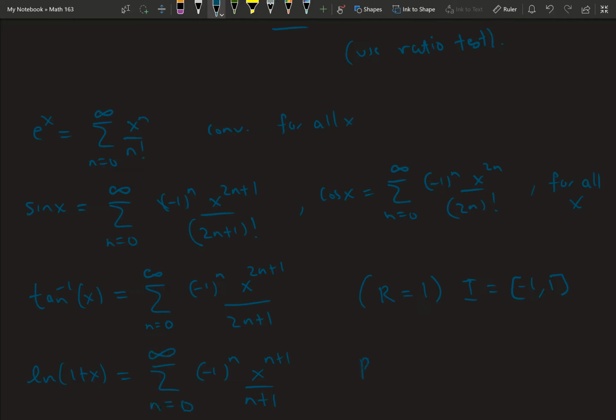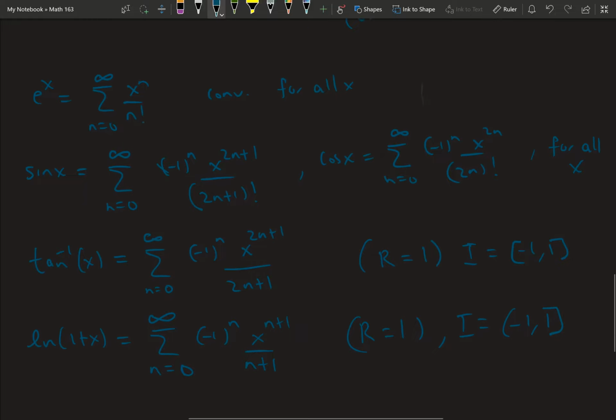And here also r was 1, where for the actual interval, if you plug in 1, you get an alternating series, but if you plug in negative 1, you don't get an alternating series. So you're open at negative 1 and closed at 1. So these are some of the series that we've seen so far. Notice that all of these are centered at 0.